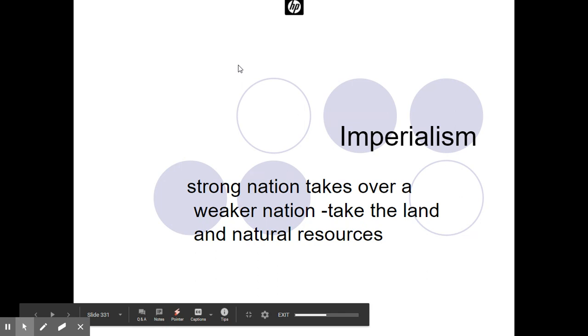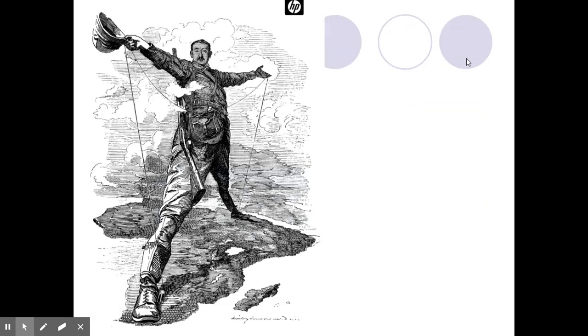They would seek to dominate the country they took over. They would basically take control of all the natural resources, all the people, and the economies of that country. That's imperialism: when a stronger nation takes over a weaker country.